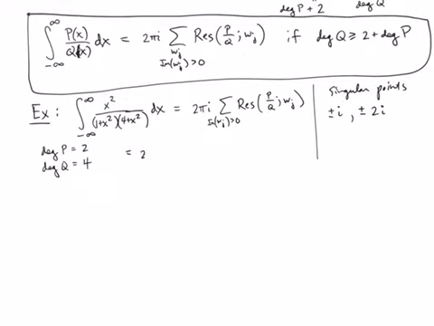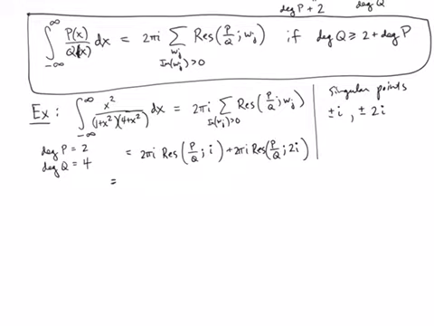So we're going to have 2 pi i times the residue of p over q at i, and 2 pi i times the residue of p over q at 2i. Okay, and to do that, again, we can use our formula where we write our function f as some analytic function over some power of z minus the singularity.